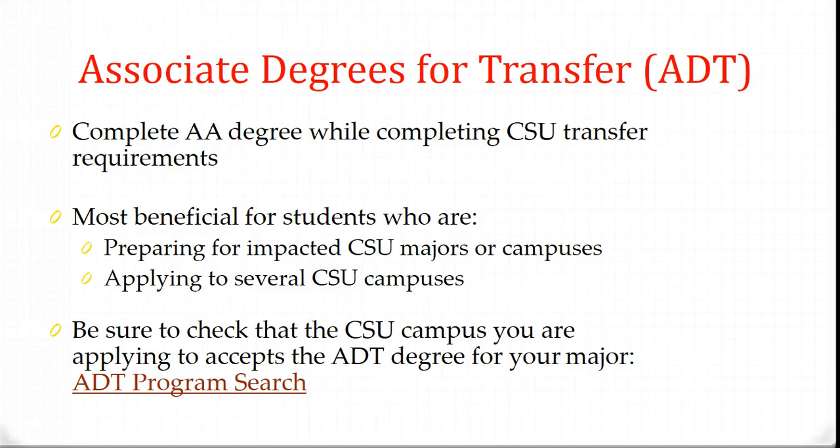So a student can research to see, is the degree accepted by all the campuses that I'm applying to? And if so, then the student can follow the ADT major instead of looking on Assist for everything that each campus wants. So they can follow one set of criteria.